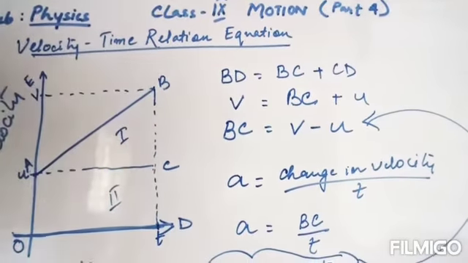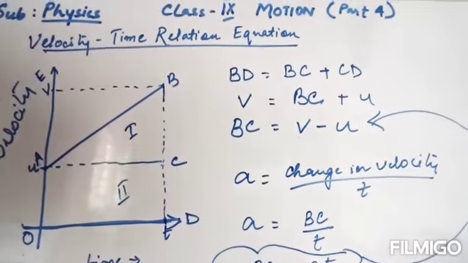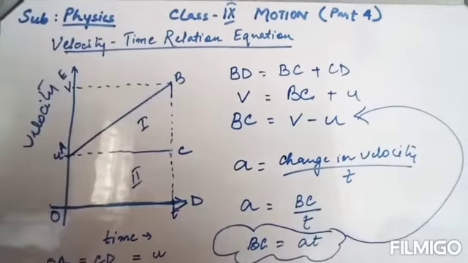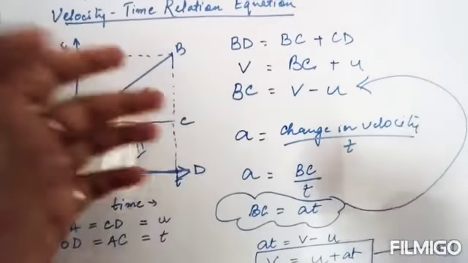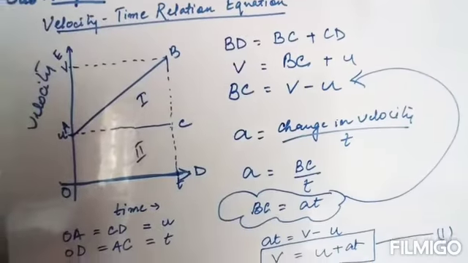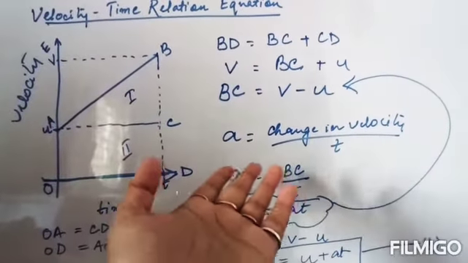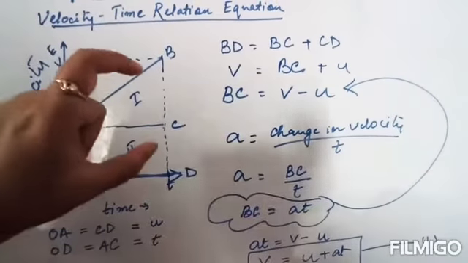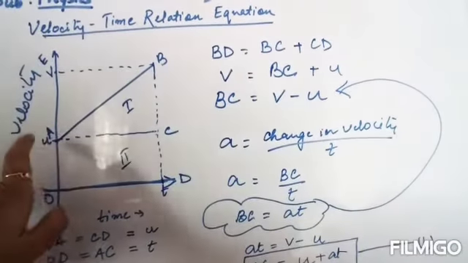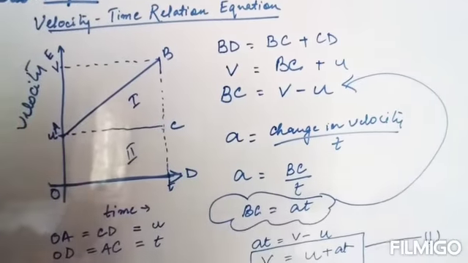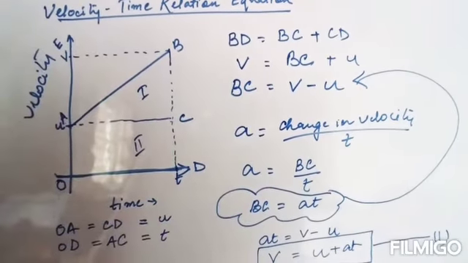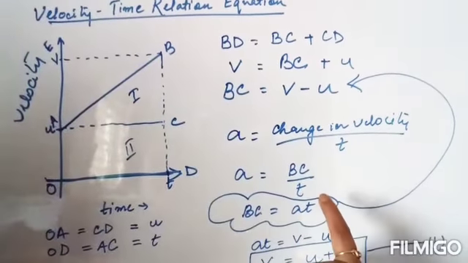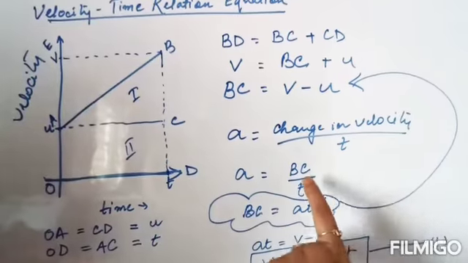Now, as this is a velocity time graph, we can relate it to acceleration. For that, we know that acceleration is change in velocity by time, correct? Now what is the change in velocity over here? That is V minus U, the final velocity minus the initial velocity, and that is BC.